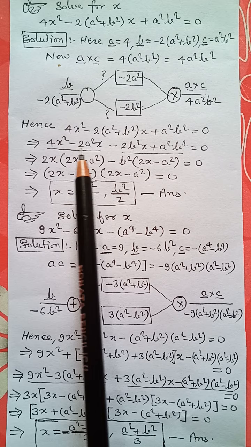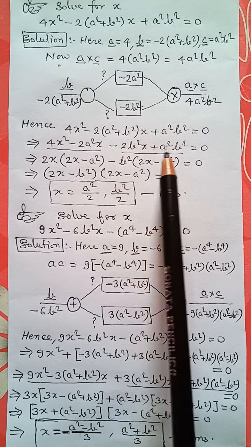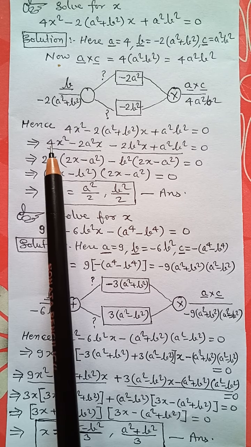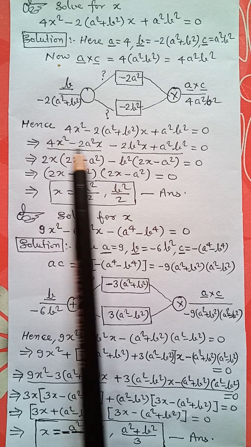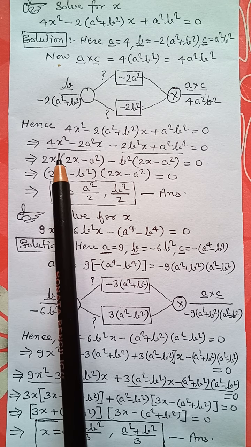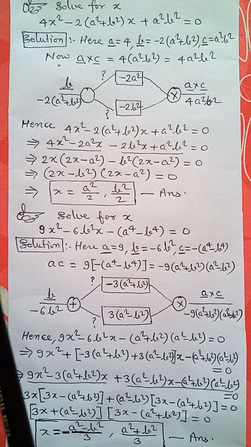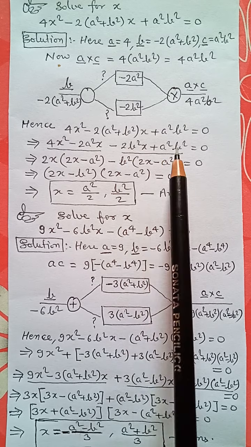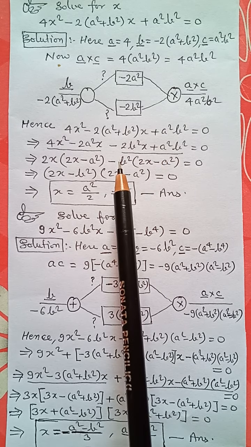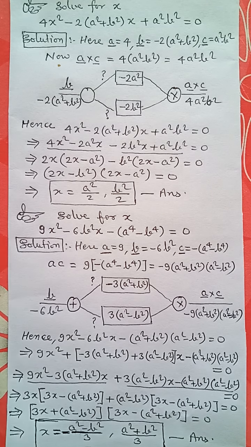Now grouping the first two terms and the last two terms, we see 2x is the highest common factor. Therefore taking it outside, 2x multiplied by (2x − a²). Similarly here b² is the highest common factor, and therefore −b²(2x − a²) is equal to 0.